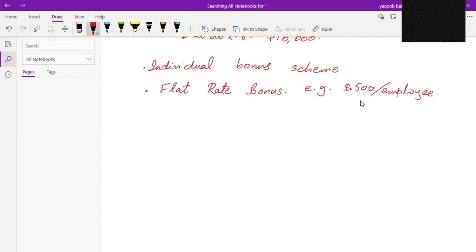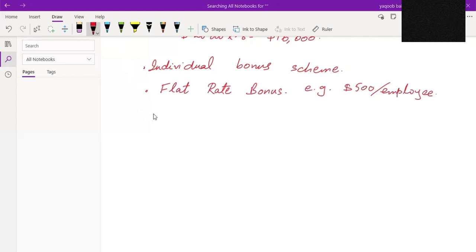Now the CEO will earn $500 and the sweeper of the organization will also earn $500 per employee. So this is called what? This is called flat rate bonus. Constant bonus is payable, or the same bonus amount is payable to all the workers.